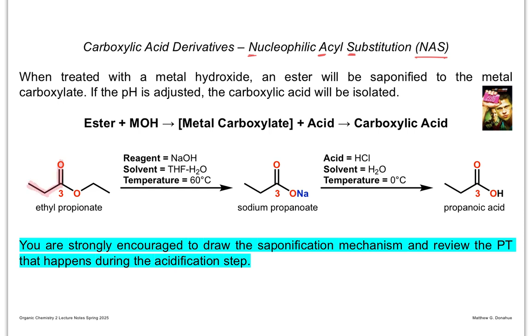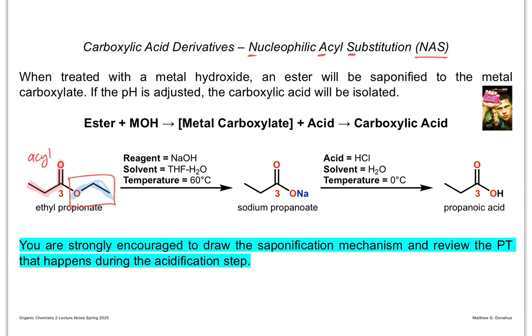That's the acyl part. And then in blue, that's the part that's being substituted. You can look at that part of the molecule and determine from the heteroatom what it's coming from. So that comes from an alcohol.